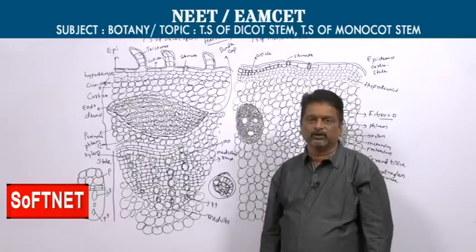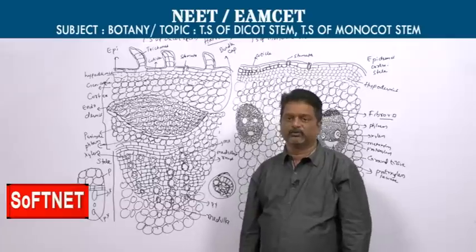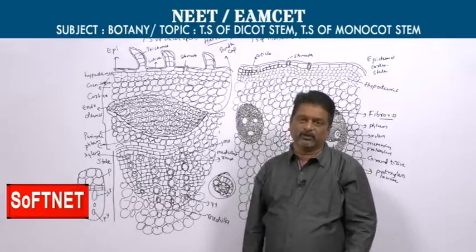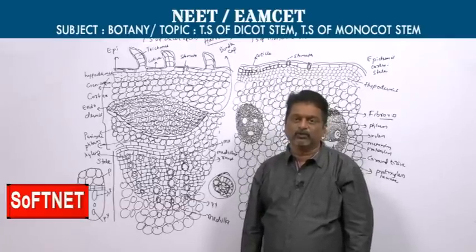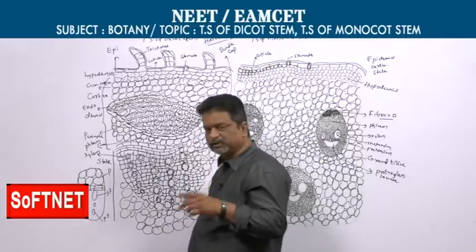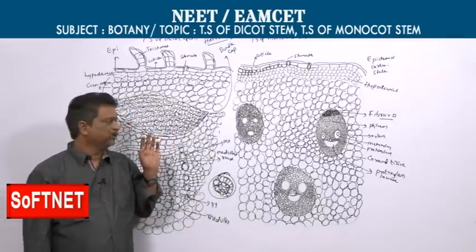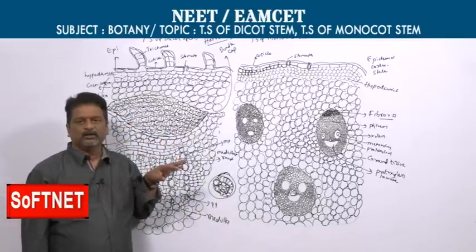If the question says radial and closed, it means roots. If collateral and closed, monocot stem and both leaves. In roots and stems, only one epidermis is present, but in leaves, epidermis is present on both adaxial and abaxial sides.